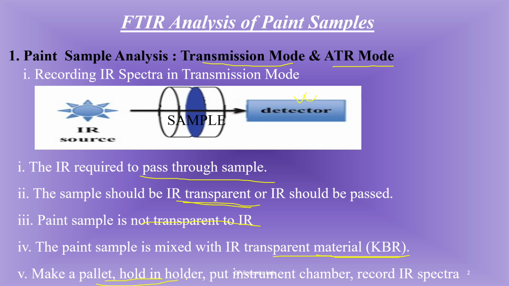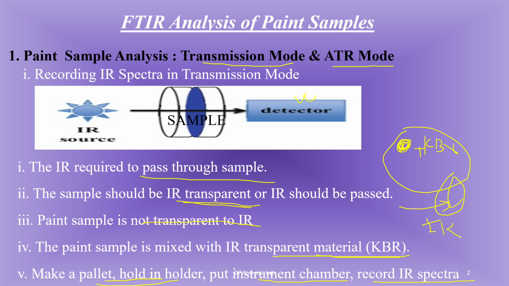Put it in the holder, put it in the instrument chamber and record the spectra. Suppose this is a paint sample, which is not transparent. So it is mixed with KBr, and then it becomes transparent. So if IR passes through the sample, some rays of the IR will pass.